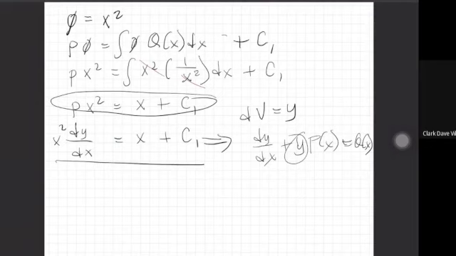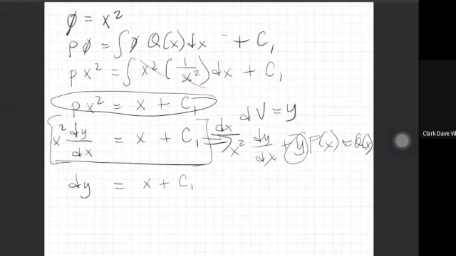So we can group together, say I'm going to multiply both sides by dx over x squared. What's left on the left side is dy. And this is multiplied by x plus c sub 1, divided by x squared, and then multiplied by dx.